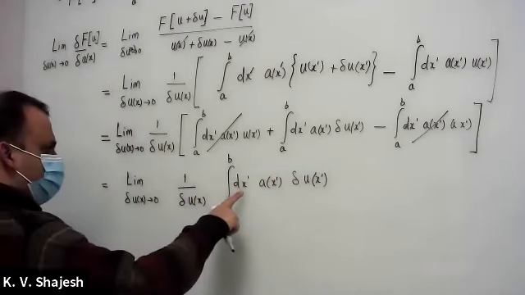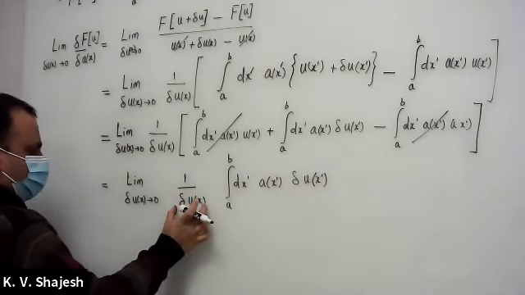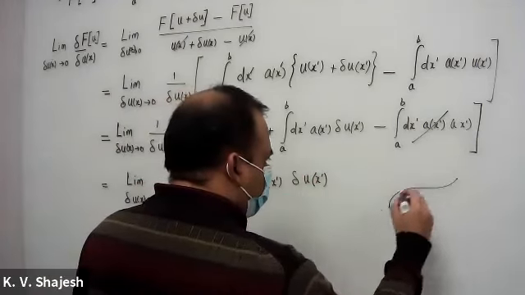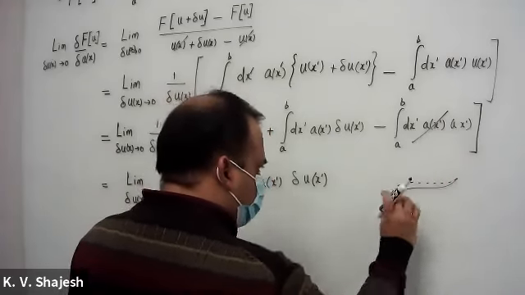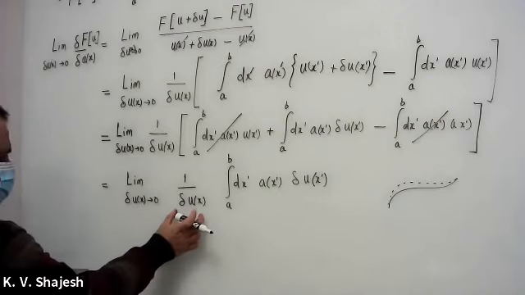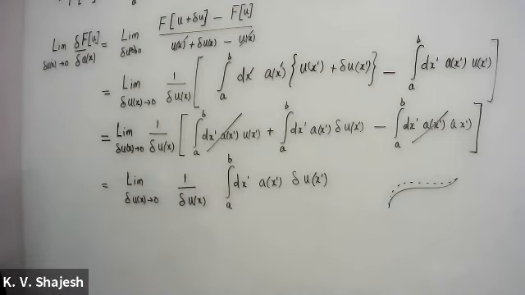This is an integral in x prime, and the coefficient sitting in there is a change in the function. So there was a u of x, and you made a small change in it. The difference between the changed function and the original function is your delta u of x. That's a number at each x, but it's a function of x. But this is an integral on x prime, so I can actually take it in. So that's one big step.